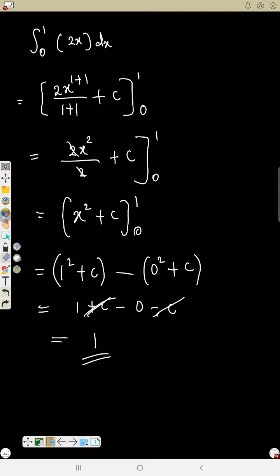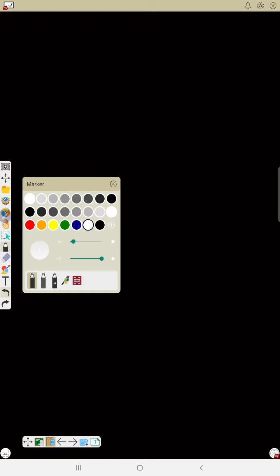Now let us solve another example. Just say the integral from 1 to 2 of, let me include, 2x plus 5 dx.